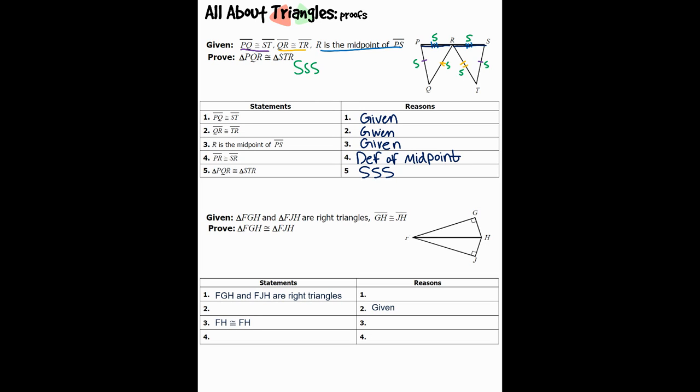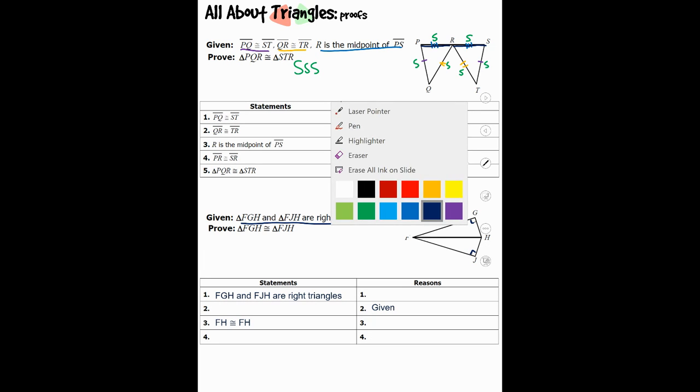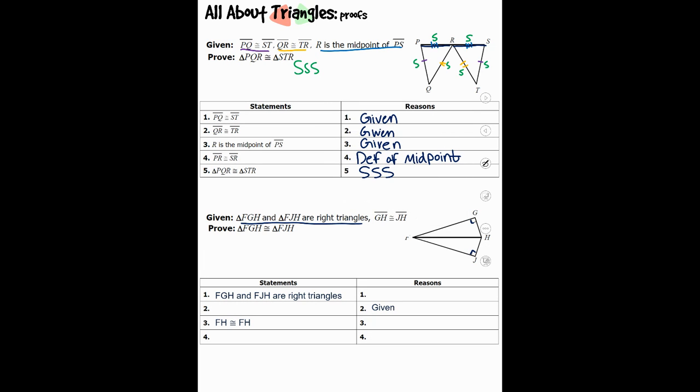That's already labeled for us by this little box, right? They are right triangles. And then it tells us that GH is congruent to JH. So this side is congruent to this side. And it wants us to prove that these two triangles are congruent.